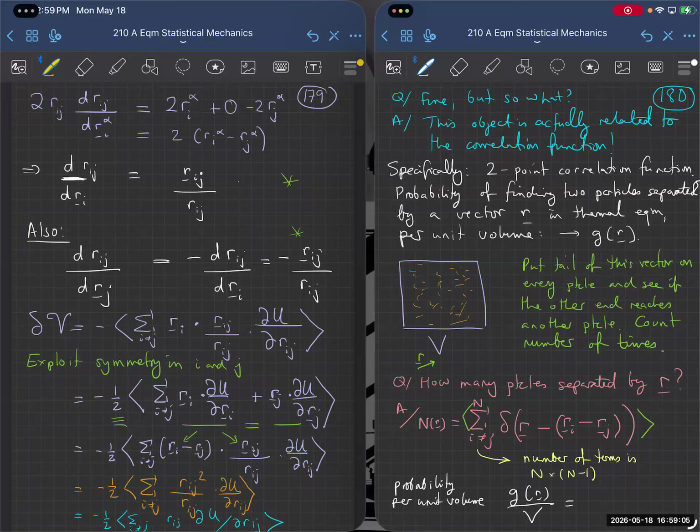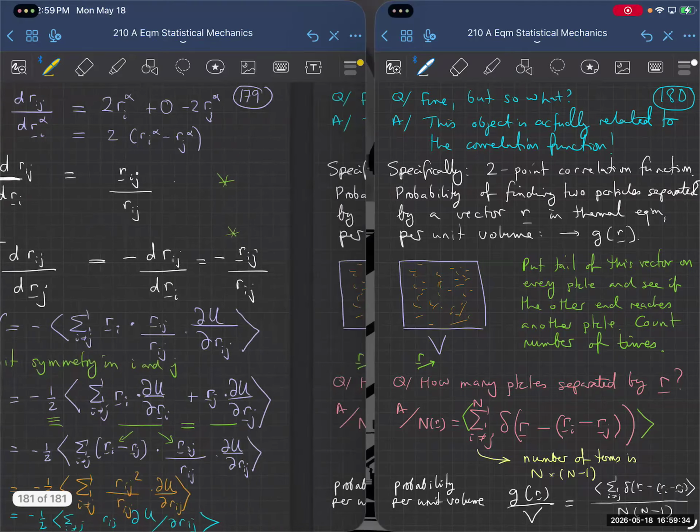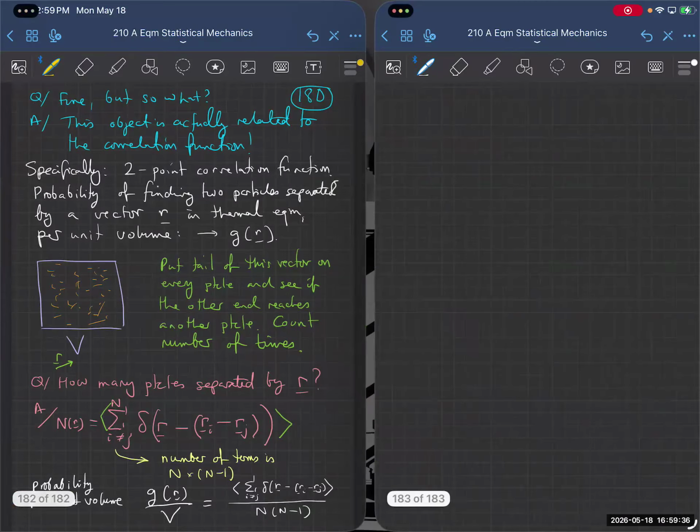The answer is going to be this object divided by how many times I try to estimate this, which is n times n minus 1. And so that's how I'm going to define my distribution function G of r.